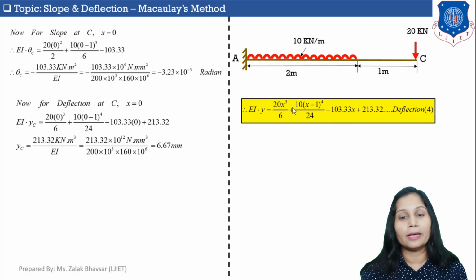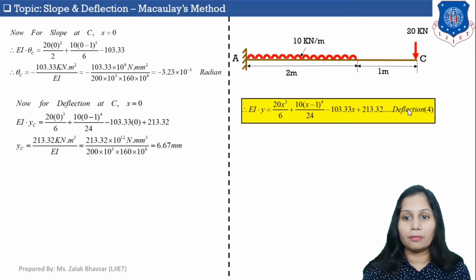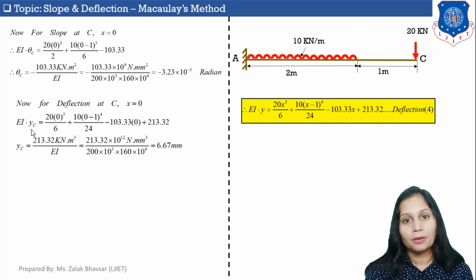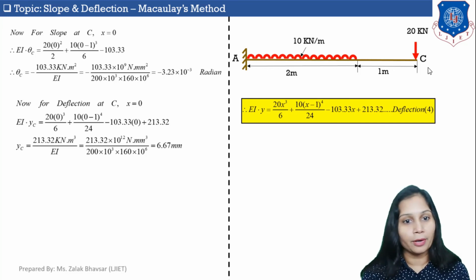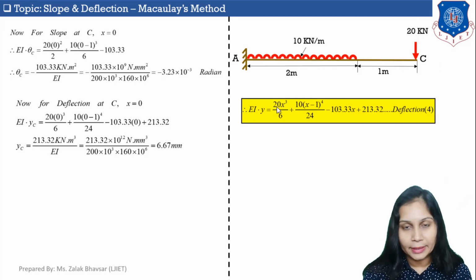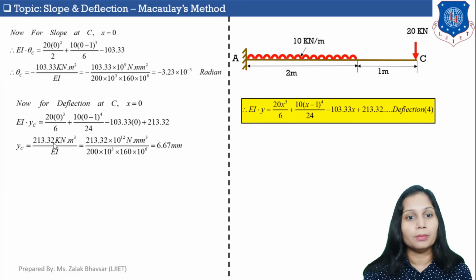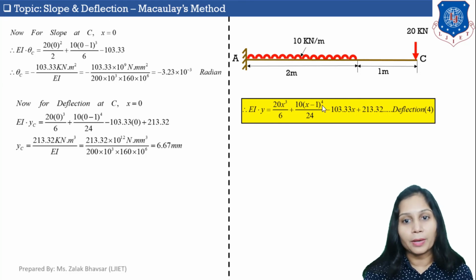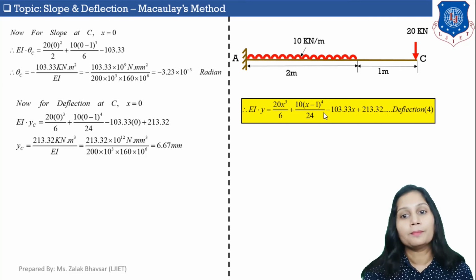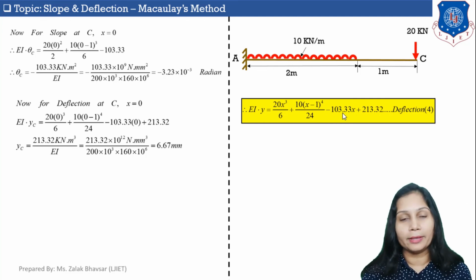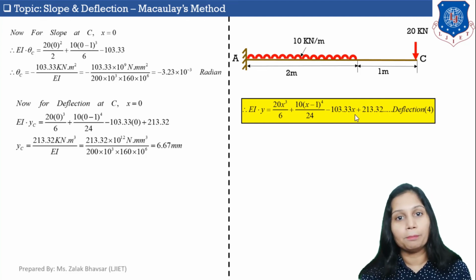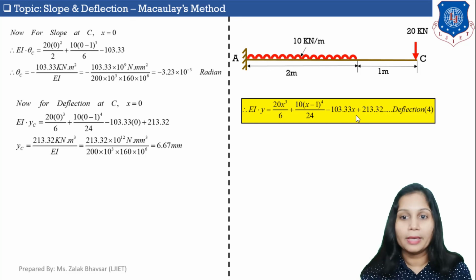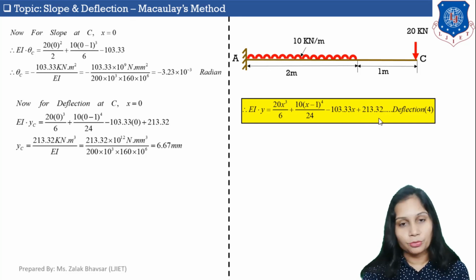So putting x is equal to 0 in equation number 4, I will get EI into YC, where YC is deflection at point C, is equal to 20 into 0 cube by 6, plus 10 into (0 minus 1) raised to 4 by 24, minus 103.33 into x, replacing x with 0, plus 213.32.